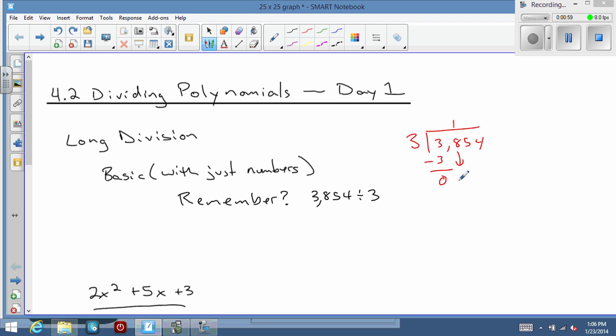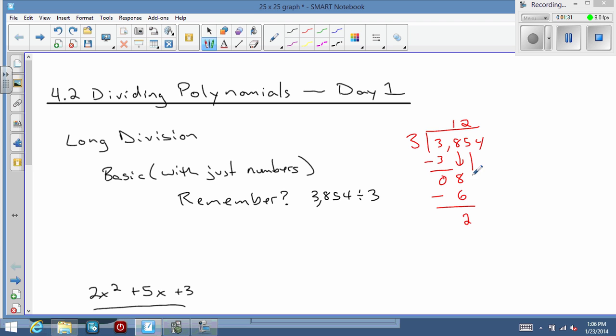Then we bring down the 8, and now we ask how many times does 3 go into 8? In case you aren't sure, you could say, well, 8 divided by 3, you get 2.66666 repeating, or 2 and 2/3. So you know that 3 goes in at least 2 times. So you can put a 2 up here. And then 2 times 3 is 6, so you're going to put a 6 down here, and you're going to subtract again. 8 minus 6 is 2.